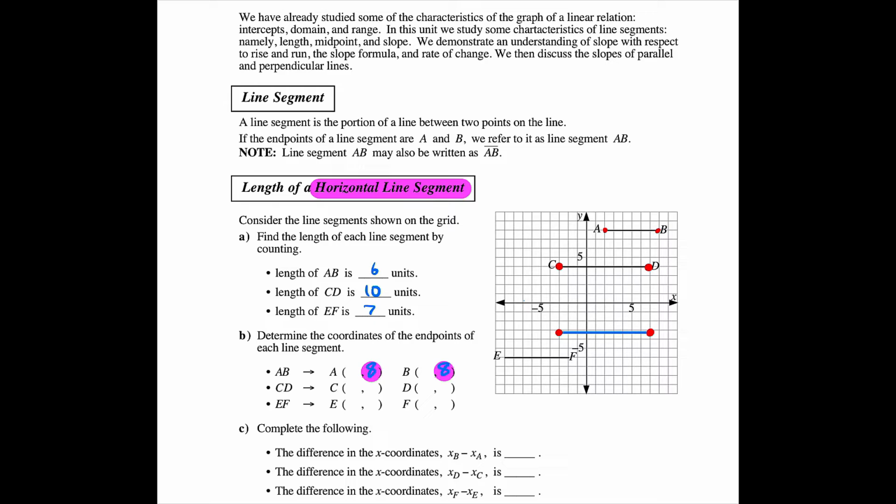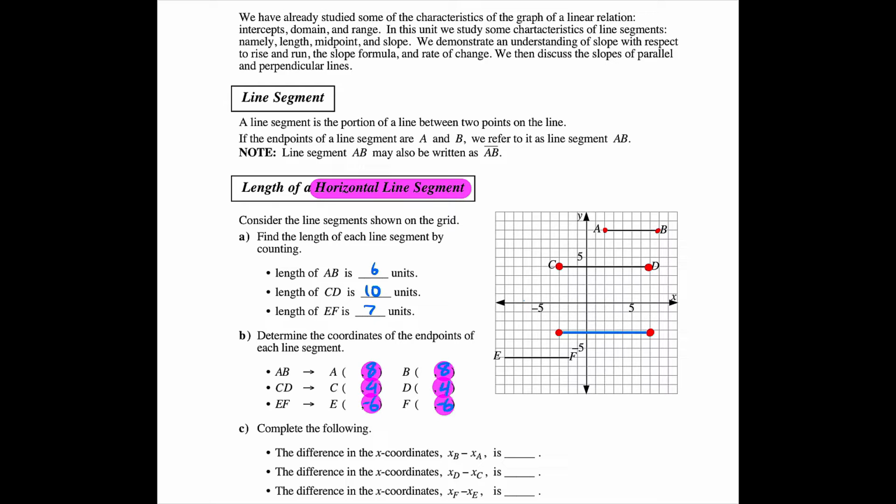Okay, and the same thing would go for the other 3 points. The y values are going to be the same for this horizontal line and that horizontal line. So the line segment going between C and D is going to have a y value of 4 on every point. And the line segment EF is going to have a y value of -6.